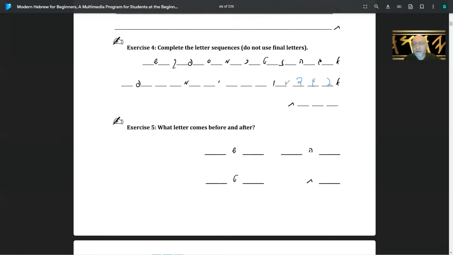Dalet, Hey, Vav, Zayin, Het, Tet, Yod. Let's see. Aleph, Bet, Gimel, Dalet, Hey, Vav, Zayin, Het, Tet, Yod, Chaf, Lamed.